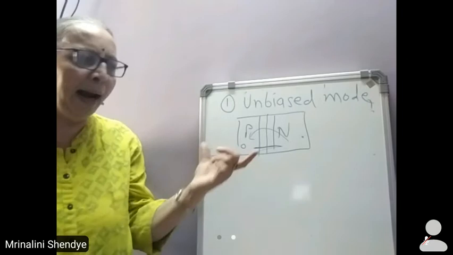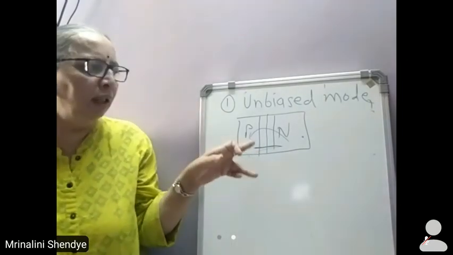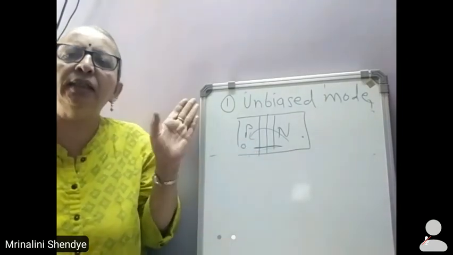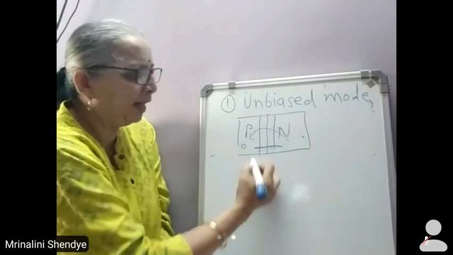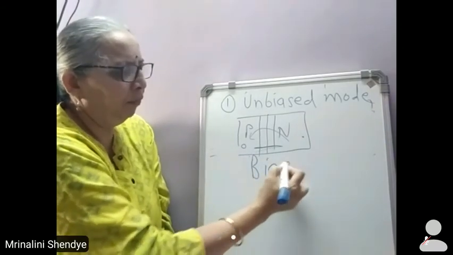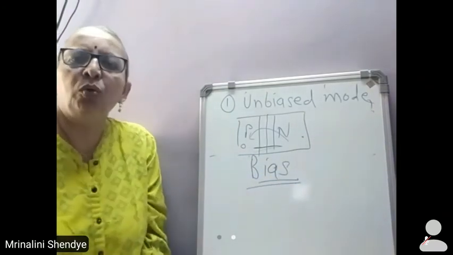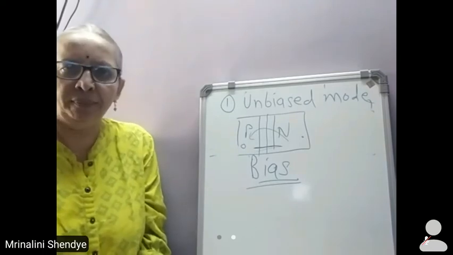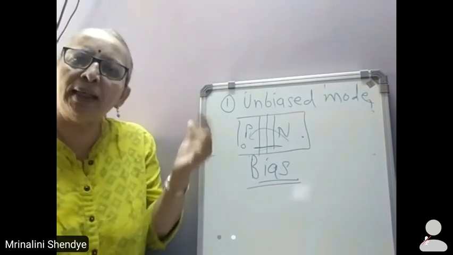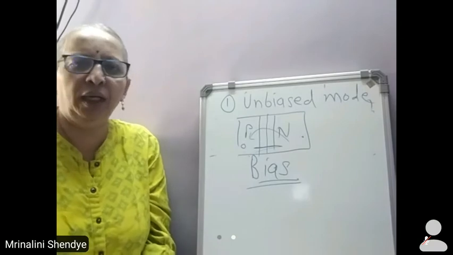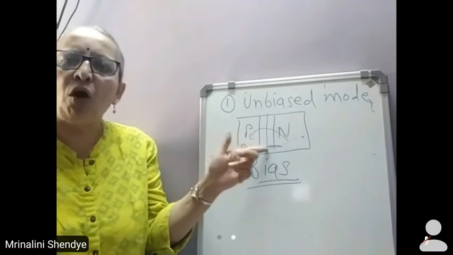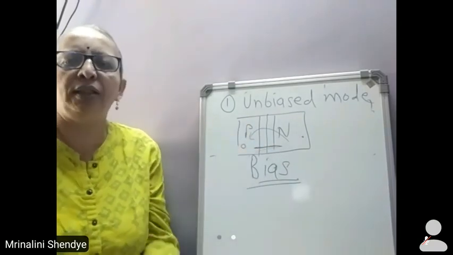So to have current through it, the PN junction needs to be biased. We have to provide external electric energy so that we can observe flow of charges through it.